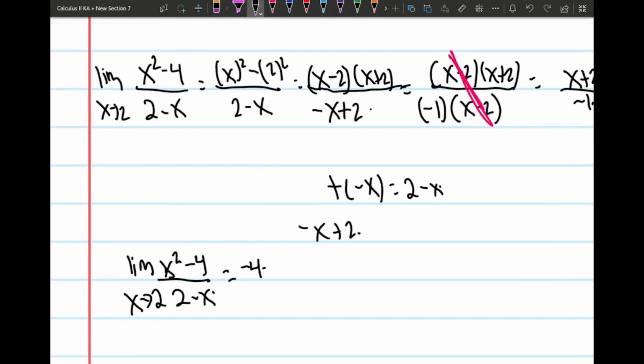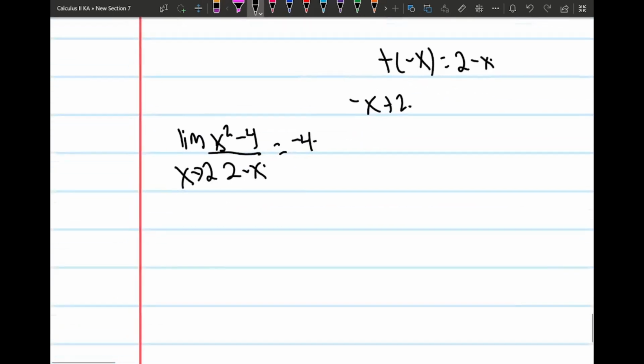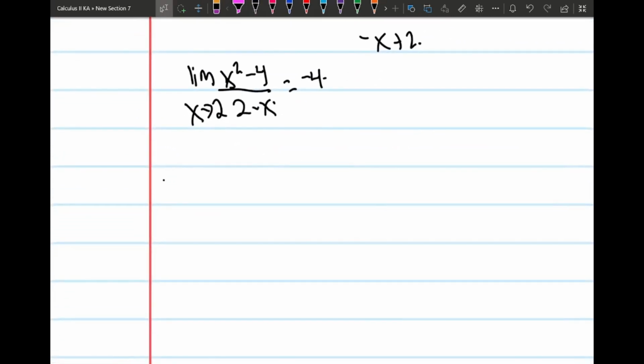Now let's say I did not know this rule. This would be the incorrect way to do it, and I want to show both the correct and incorrect way, so this is the way to avoid.